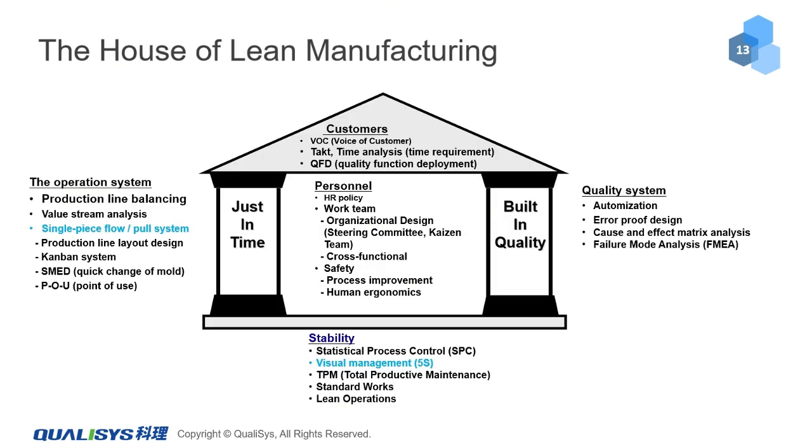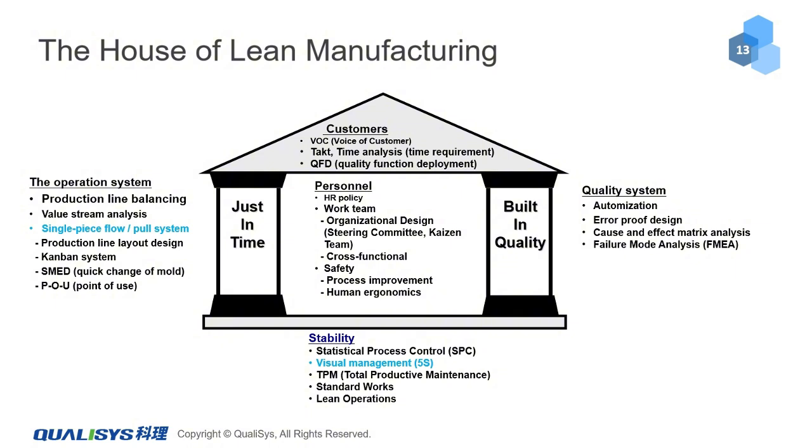In the sense of lean, the key elements are included in the house of lean manufacturing. You can see here there are 2 major pillars. One is just in time, the other one is building quality. Just in time means you have to produce the exact amount and deliver at the time exactly what the customer wants.